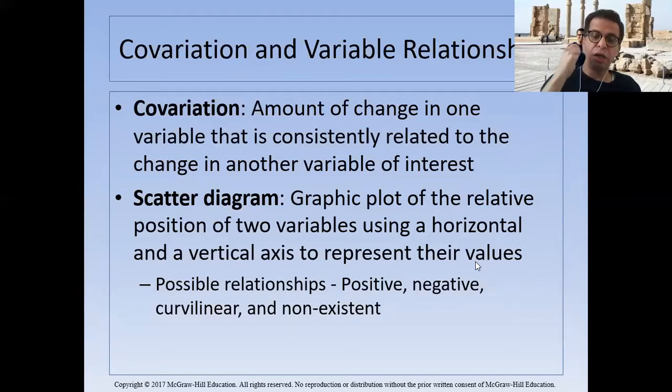The curvilinear: once you have 50, you go once. Once you have 60, you don't go. Once you have 70, you don't go. Once you have 80, you go 2 or 3 times. Non-existent: you have 50 or 100 or 1,000, you don't go to Starbucks. This is non-existent.